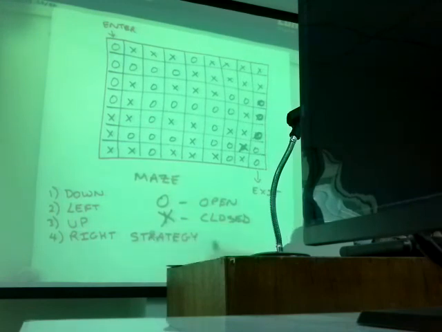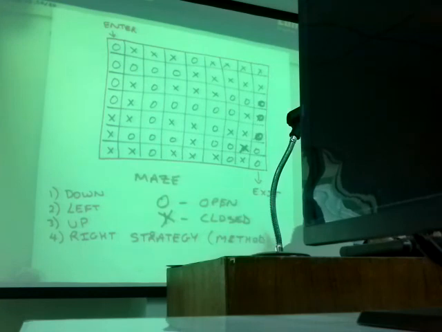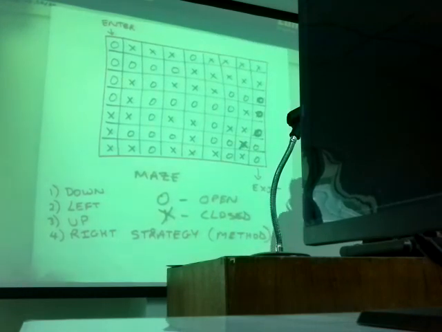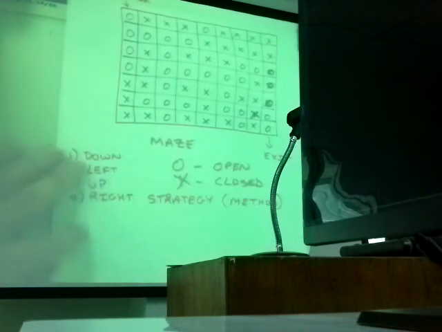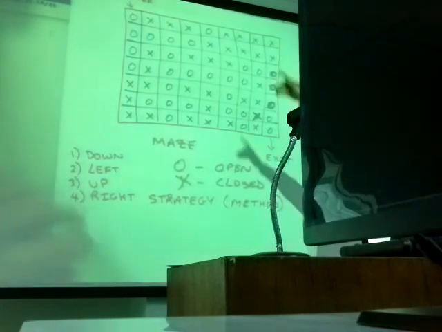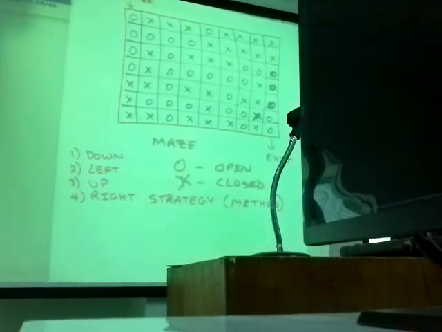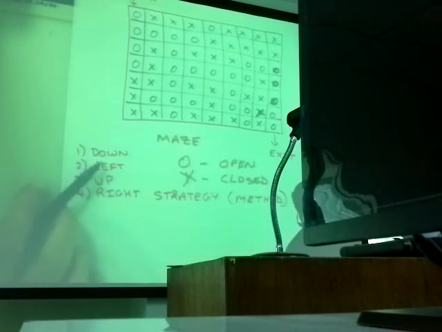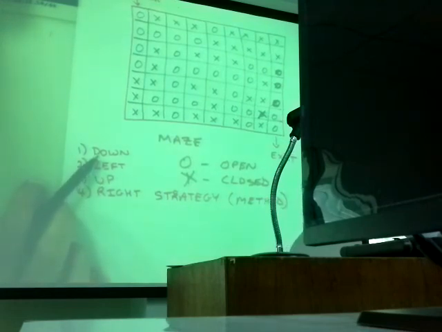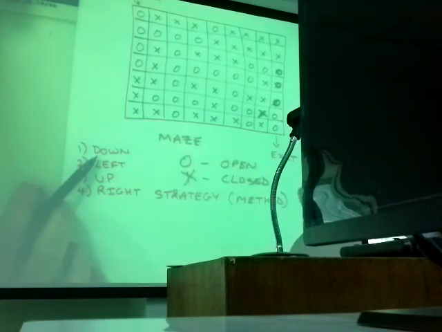Now, when we solve it, we need a strategy or a method. When I come into the maze, what do you try to do first? You could go down this way. We could try that, see if it works.